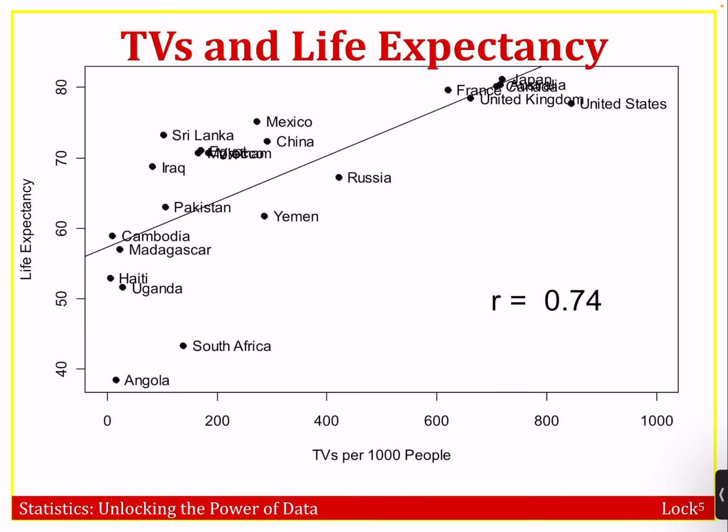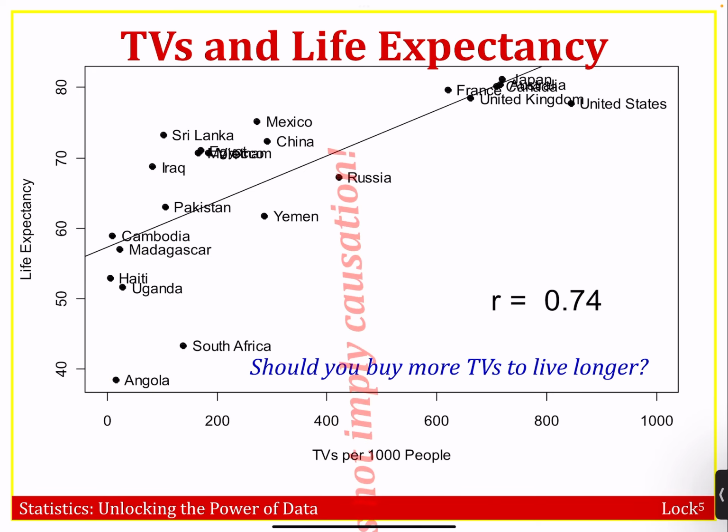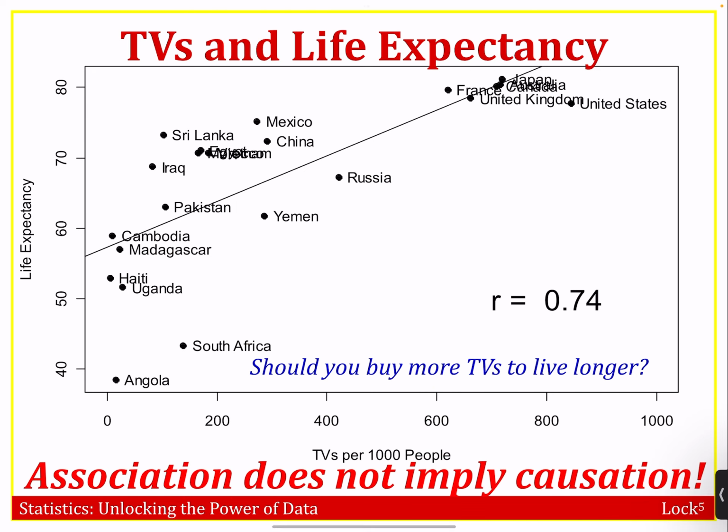Now, we all know that watching more TV does not necessarily lead us to live longer, because we're more sedentary and may not be as healthy because we're not moving as much. But this graph begs the question, should you buy more TVs in order to live longer? Probably not, because association does not imply causation.